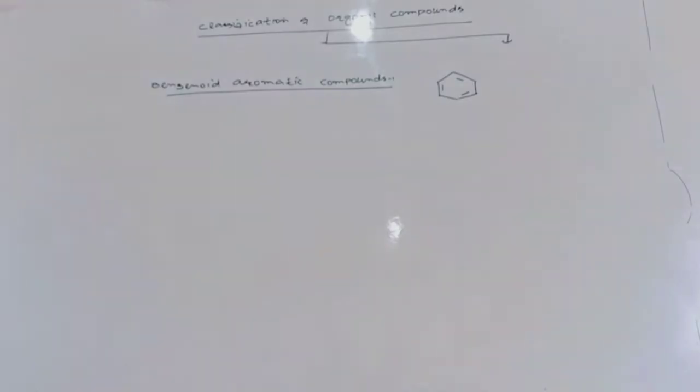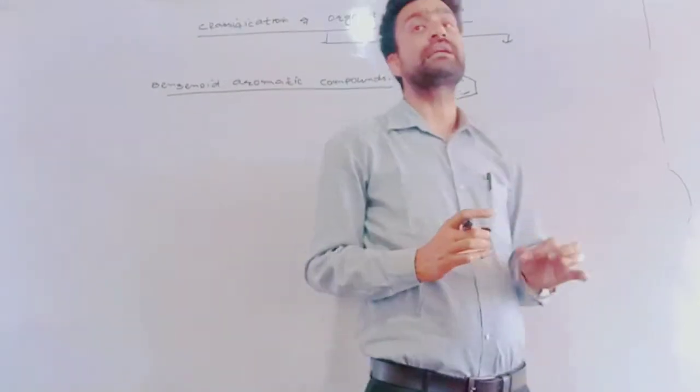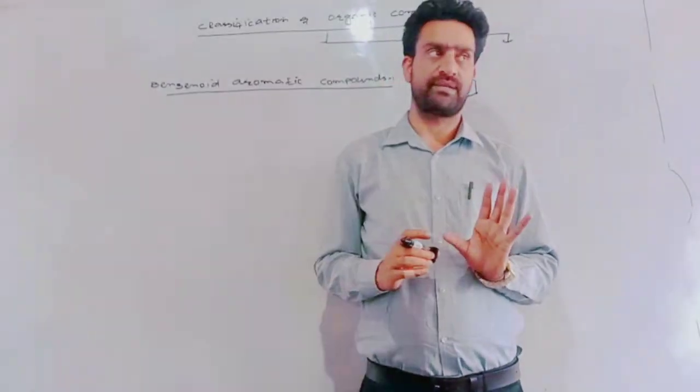So what are benzenoid aromatic compounds? Benzenoid aromatic compounds are those aromatic compounds that contain at least one benzene ring.